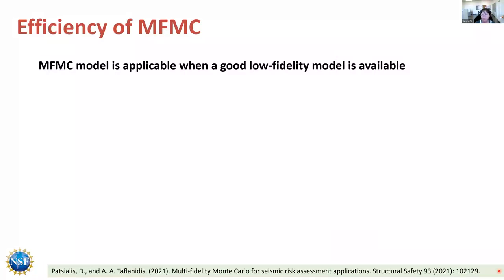And now let's discuss the efficiency of multi-fidelity Monte Carlo. Multi-fidelity Monte Carlo is applicable only when we have a good low fidelity model. What does it mean by good? It needs to be evaluated much faster than the high fidelity model, but also it needs to have pretty good accuracy, meaning the correlation between high and low fidelity models should be high.